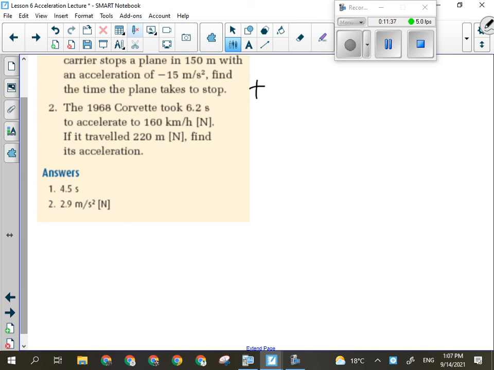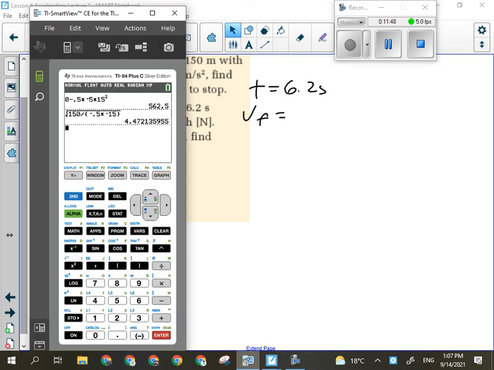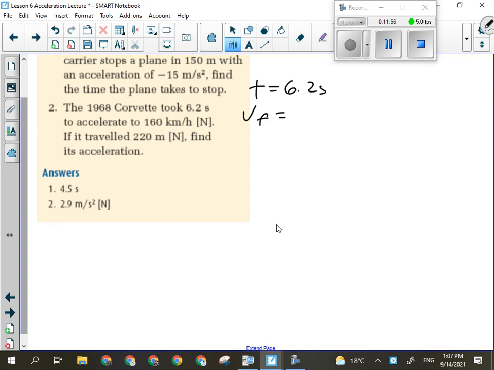So t equals 6.2 seconds. We need to calculate VF by dividing the 160 kilometers per hour by 3.6. So we're looking at 44.4 meters per second, and it traveled 220 meters north.